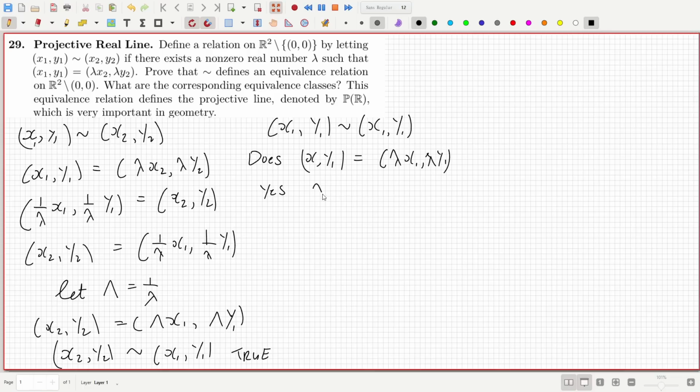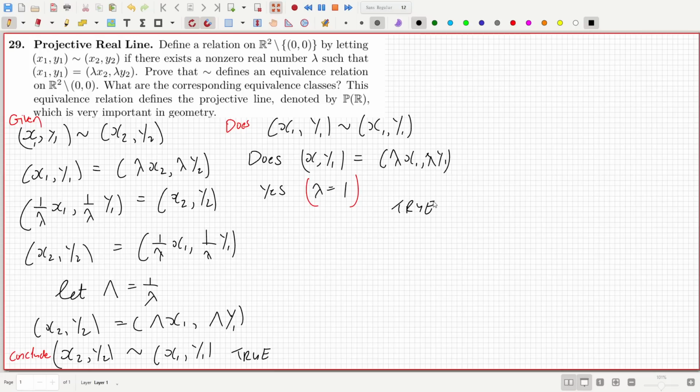Yes, it does, with λ equals 1. Maybe I should make this a bit clearer. Given that, we can conclude: does that equal that? Yes. And in fact, you can say λ equals 1. That's true.